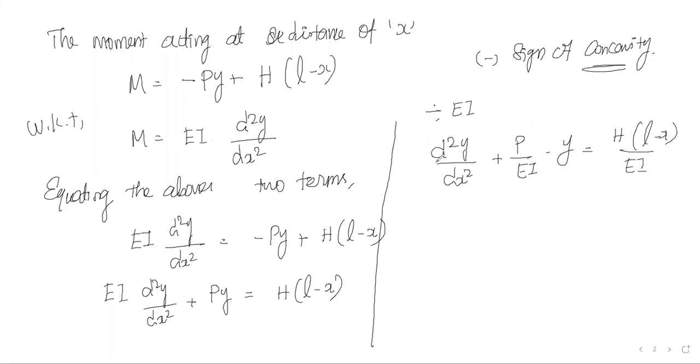Now the solution for this equation, d squared y by dx squared plus alpha squared into Y is equal to some terms.